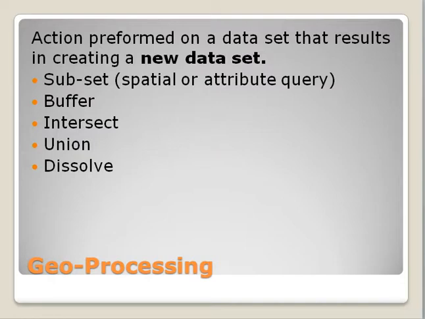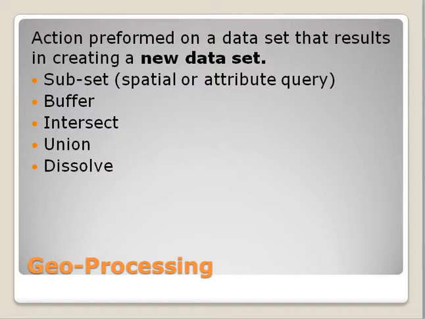This time we will be creating a subset of the data when we do an attribute query. And then around that subset, we're going to do some other processing steps, and each one of those processing steps results in the creation of an entirely new and separate feature class. In this case, we'll be creating separate shapefiles.